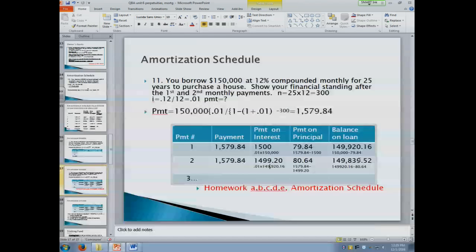So after we make our second payment, our balance on our loan is $149,839.52. These amortization schedules, you can go on Google and type in amortization schedule and get this information.